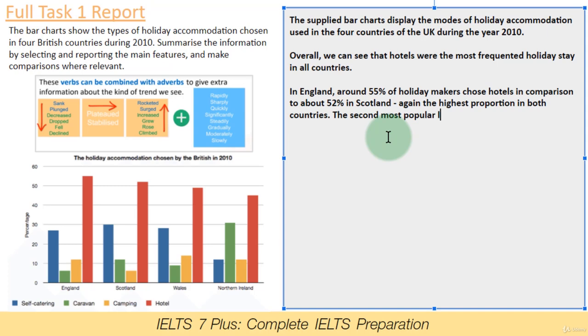The second most popular lodging was self-catering in both countries at 30% in Scotland and just slightly less at 27% in England.